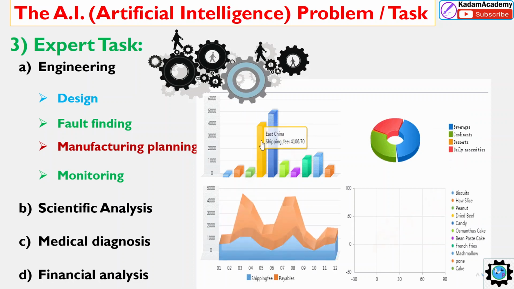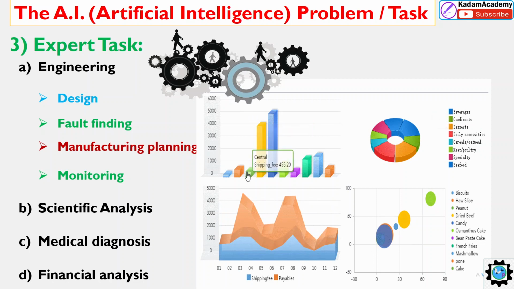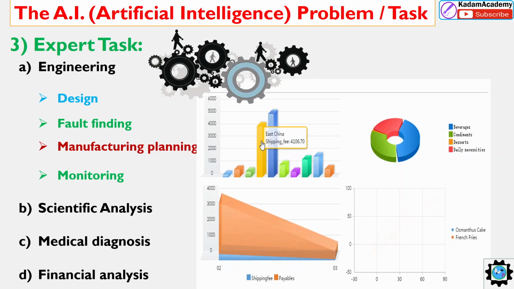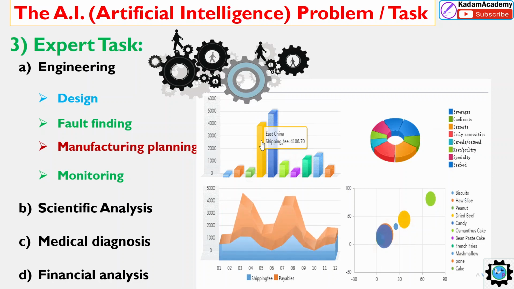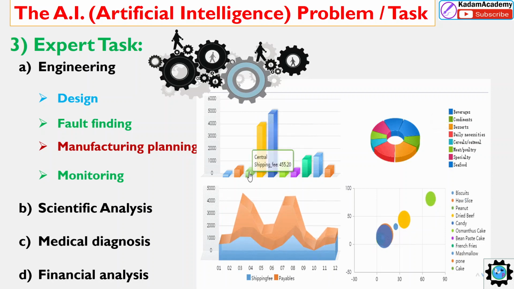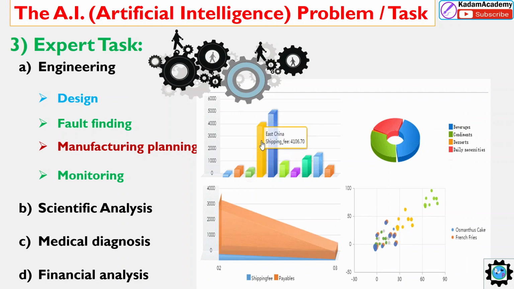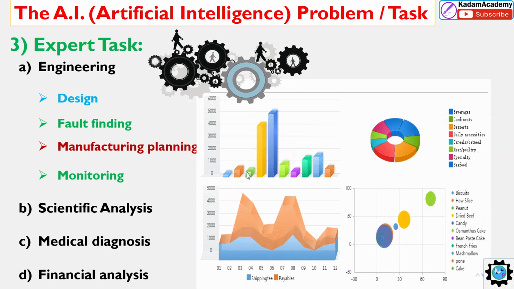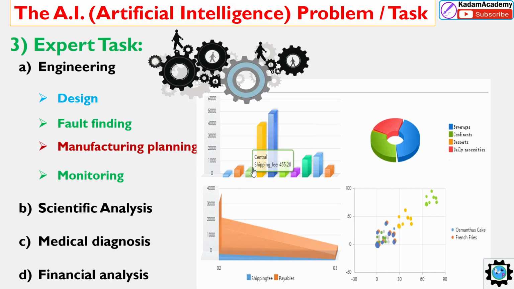To solve expert-level problems, expert systems need access to a substantial domain knowledge base, which must be built as efficiently as possible. Expert systems represent applied AI in the very broad sense.